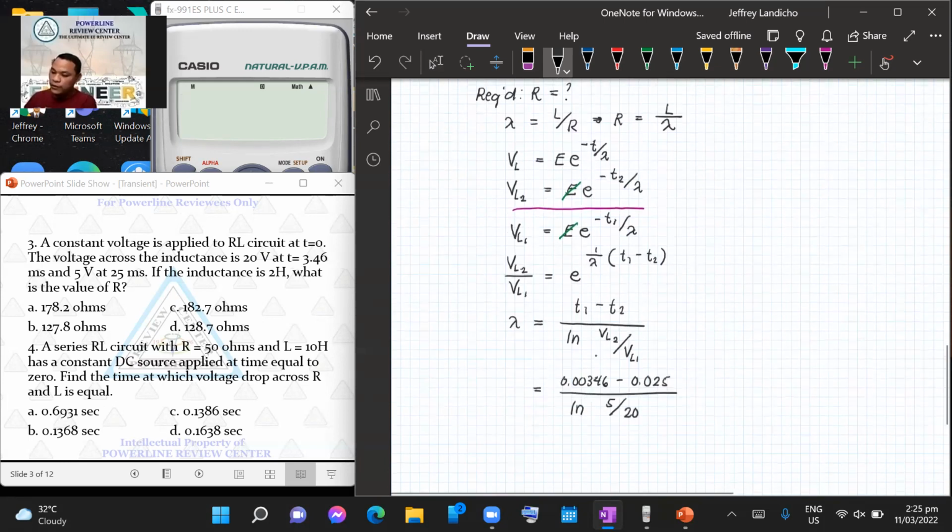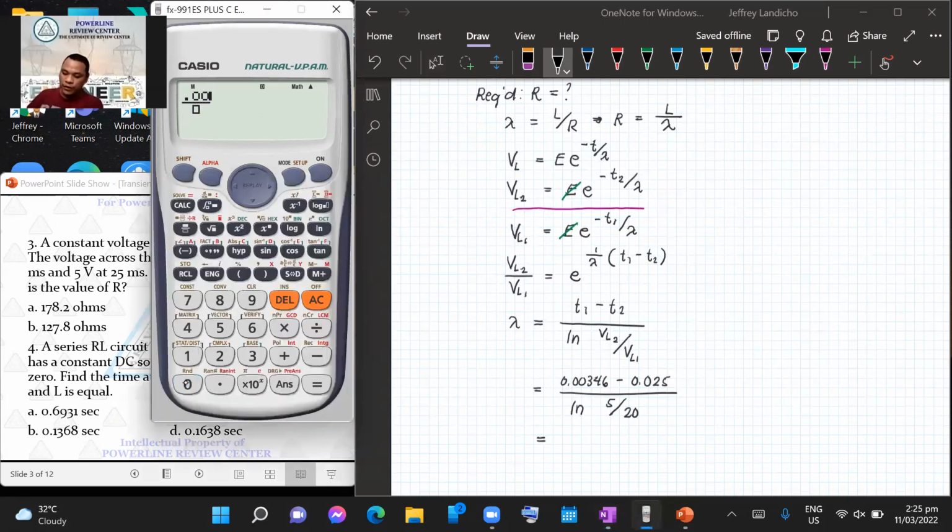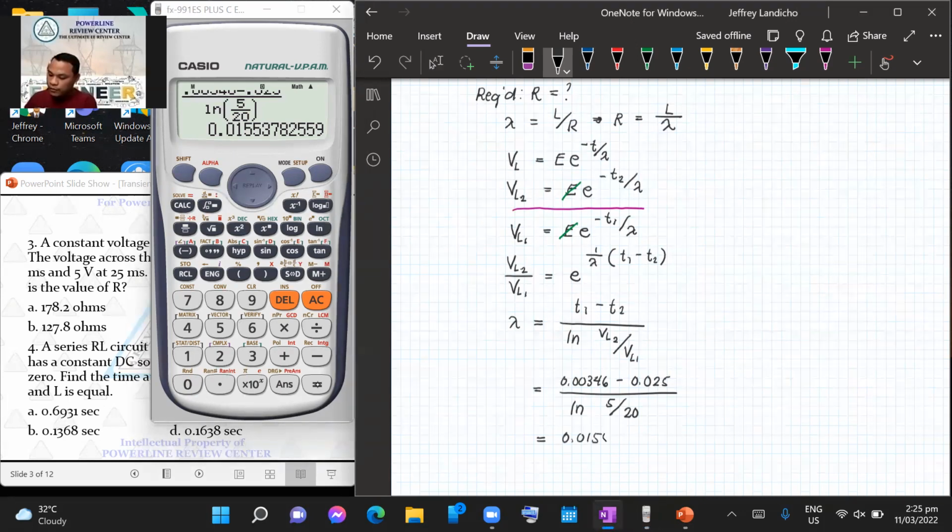So, kuha natin yung time constant. Check natin: 0.00346 minus 0.025 divided by ln of 5 over 20. So, meron tayong 0.01553 seconds.